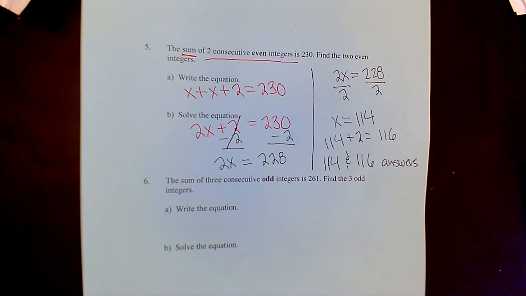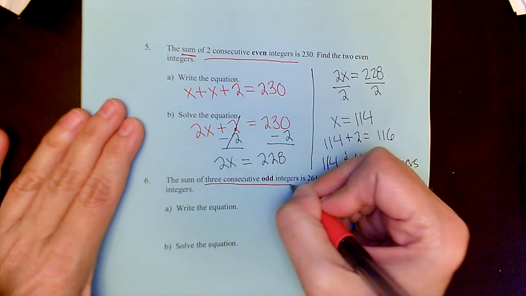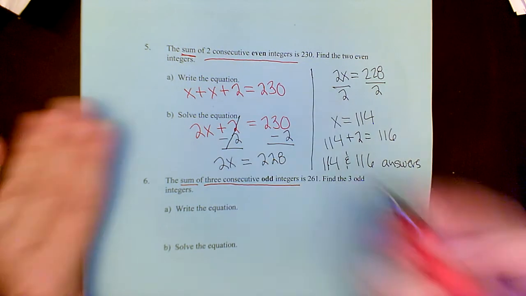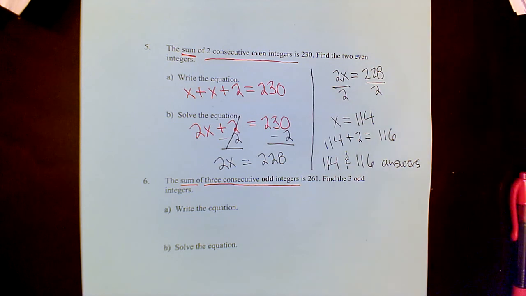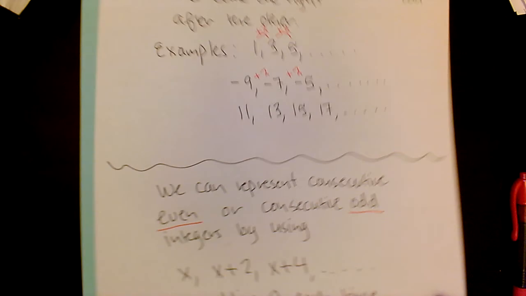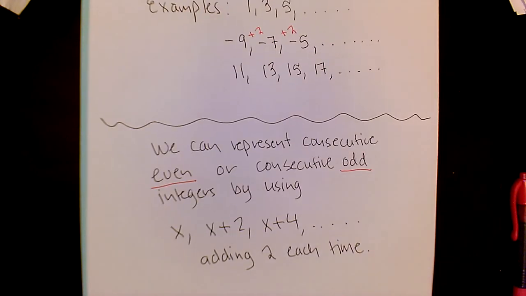So now we're talking about odds. And we've got the sum of 3, not 2, but 3 consecutive odds. So we're doing the sum again, so we know we're going to be adding. Let me come back to my notes that I had on this.